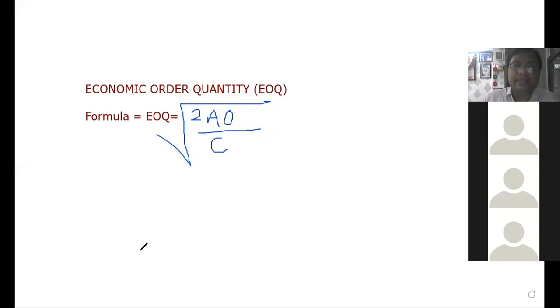In root 2AO upon C, A is for annual usage. What is A for? A for total annual usage, annual consumption. You can use the word annual consumption. O is for ordering cost per order.